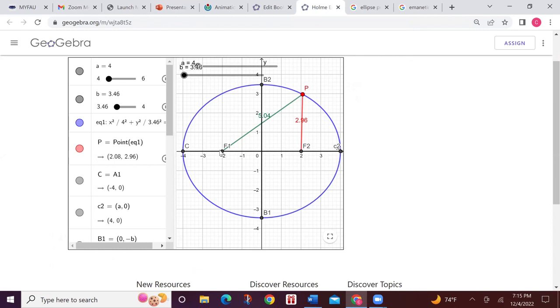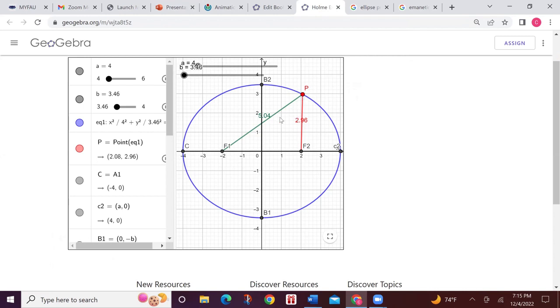When we were talking about the foci, it's F1 and F2. These are the two foci. And we have the blue circle, which is the ellipse. That's not a perfect circle because eccentricity is not 0. And P is a point on the ellipse.